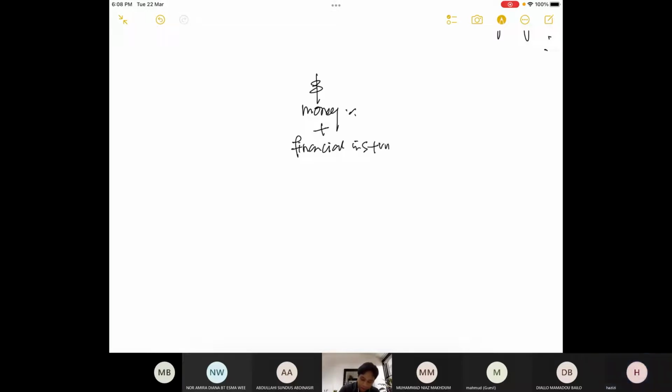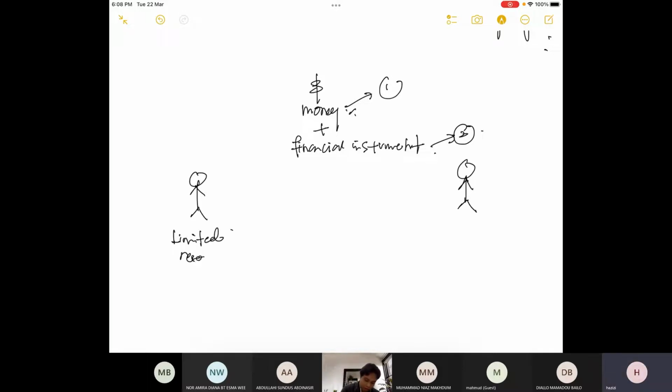So this is the first component, and this is the second one, right? And of course, in a financial system, you have contracting parties, right? One party has limited resources.